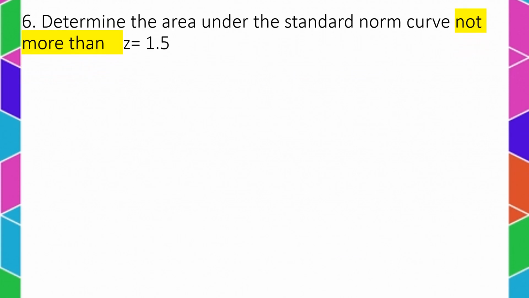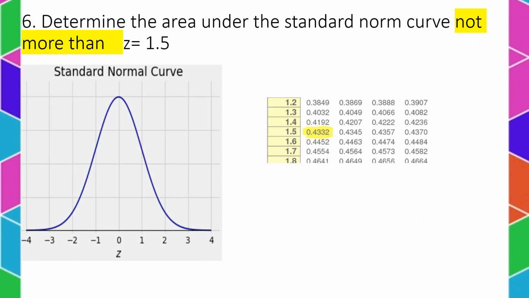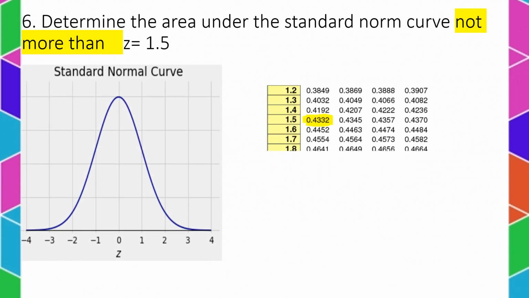Determine the area under the standard norm curve not more than z equals 1.5. Okay, so locate the equivalent z-score value. So we have 1.5 and we have 0.00.